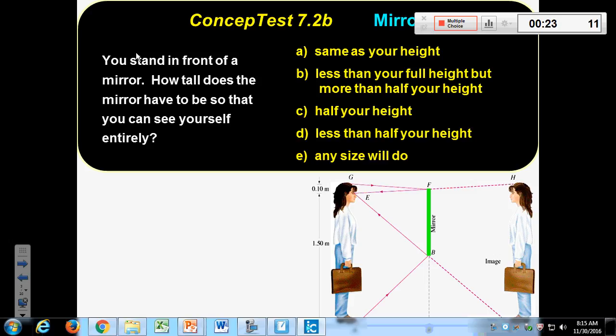Does it have to be the same as your height, less than your full height but more than half your height, less than half your height, or will any size do? And here's some rays showing light from your feet that travel up to here, and then light from the top of your head that travels there. So now what size must the mirror be in order for you to see the entire range of your body?